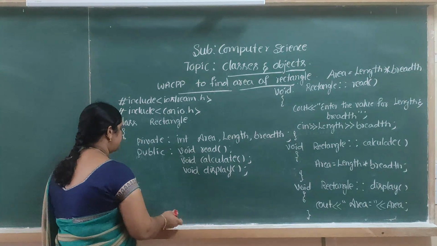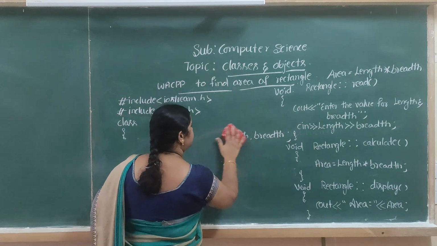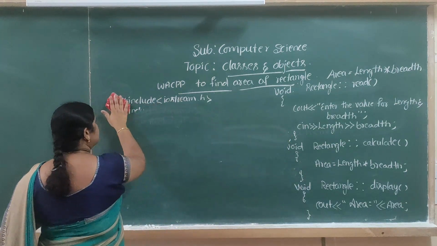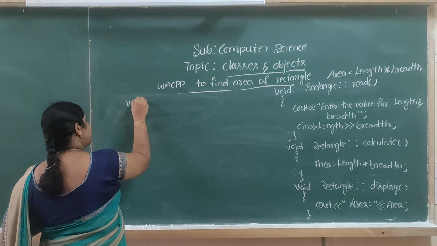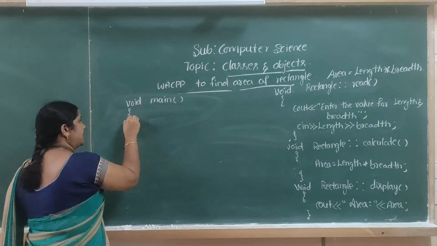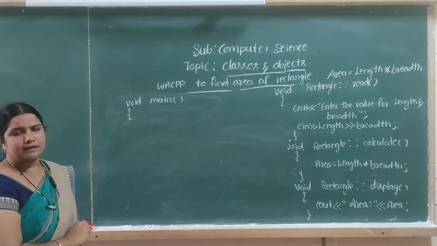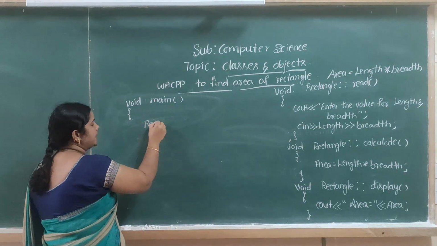It can be written as, and finally written as the main function, void main. Again, first we have to take the class name. In this program we take the class name, that is Rectangle.